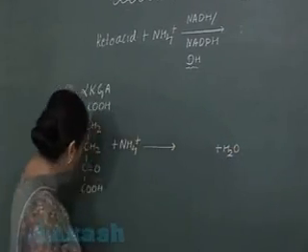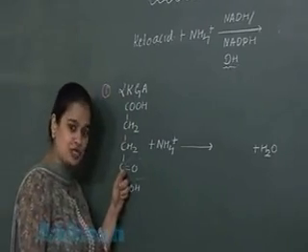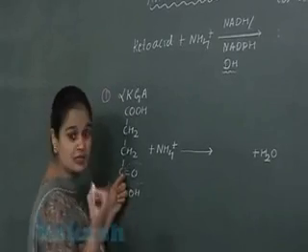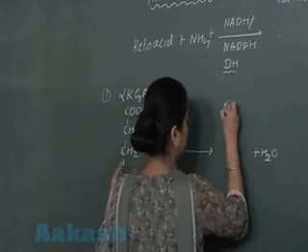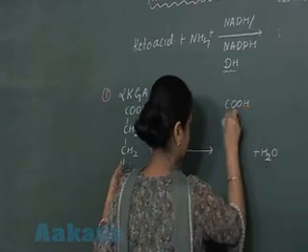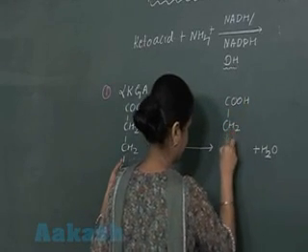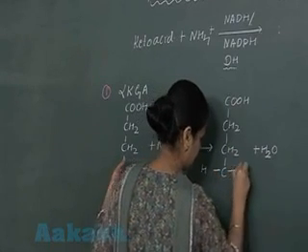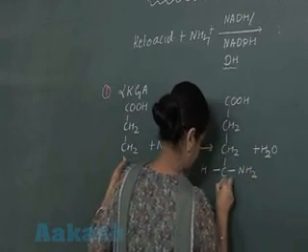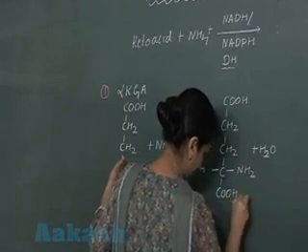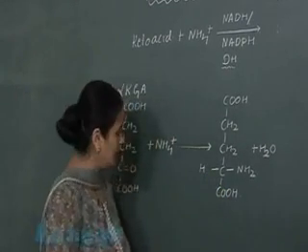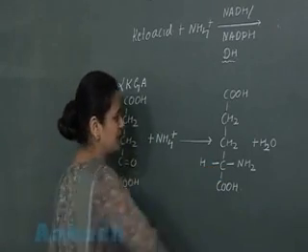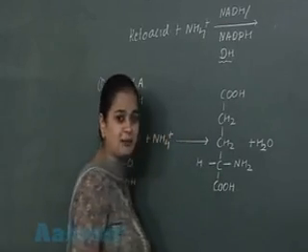Right, oxygen will be removed and at this position there is addition of the hydrogen and amino group, which results in the formation of amino acid. So there is removal of the oxygen and addition of the hydrogen and amino group, which results in the formation of this 5-carbon amino acid.